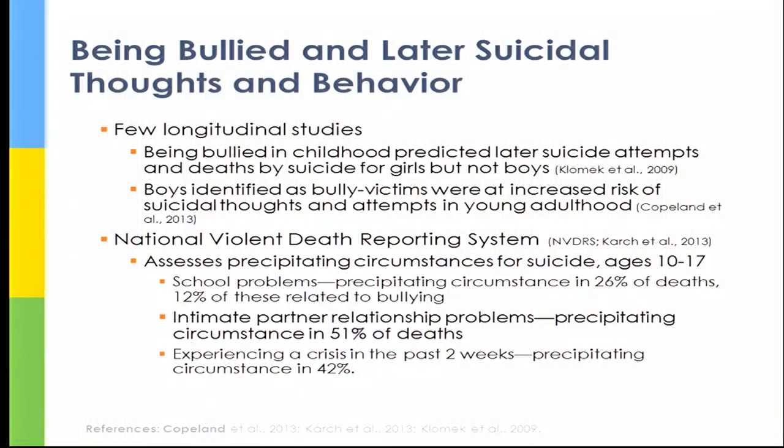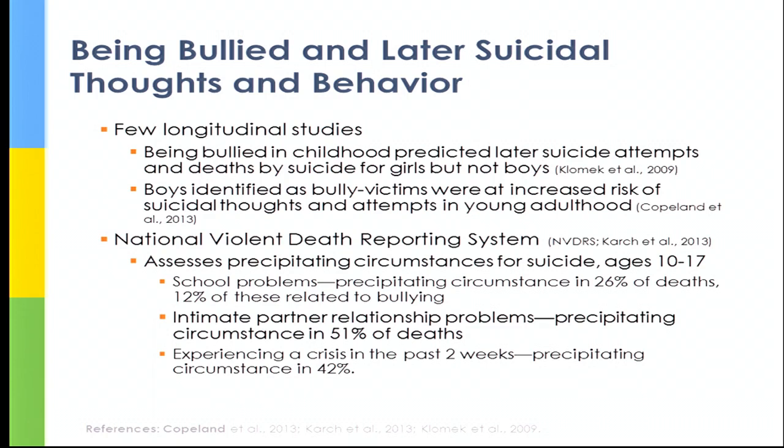In a study that looked at short-term impact of being bullied on 7th and 8th graders, bully victims and girls who were victims of bullying were at risk for suicidal thoughts 10 months later, even after controlling for these factors at baseline.